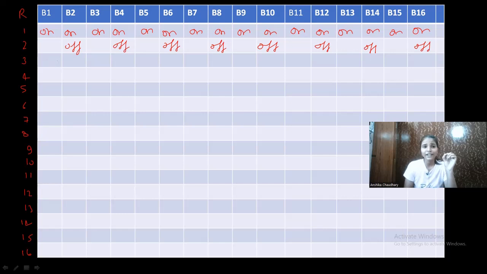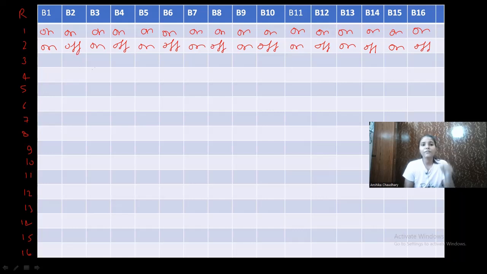Now at the third iteration you have to toggle the state of each third bulb, right? So first of all let's see here: on, on, on, on, on, on, on, on.